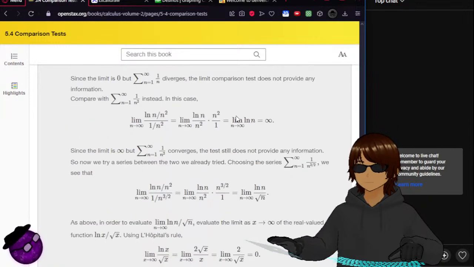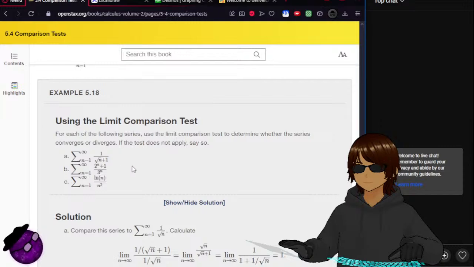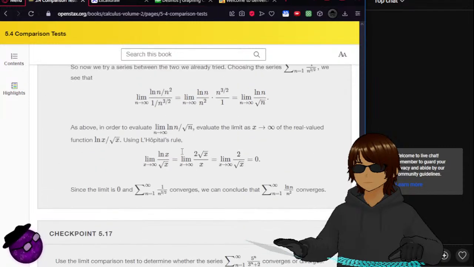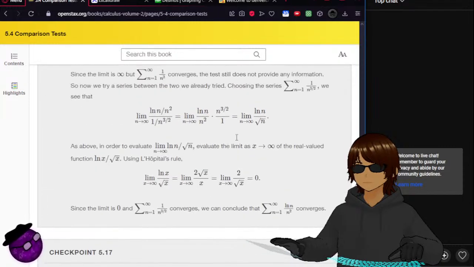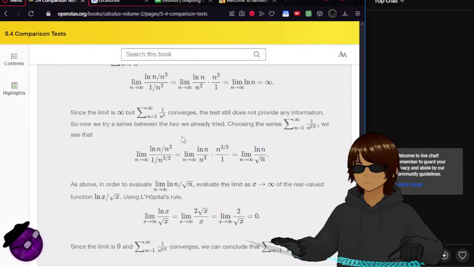Now they're doing it with n squared. 1 over n squared does not provide any information.